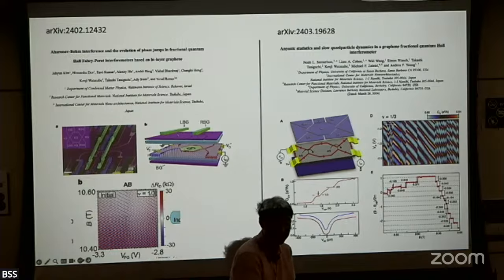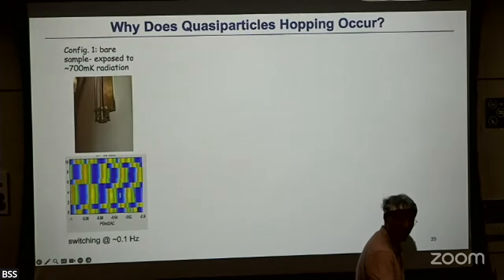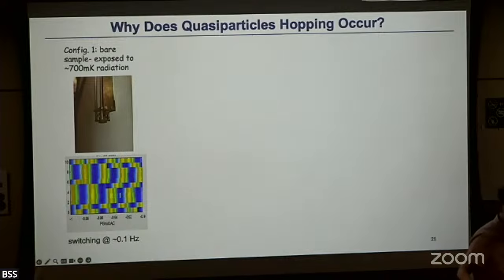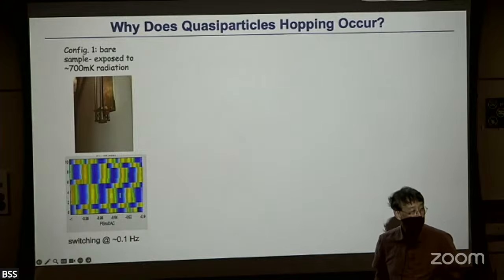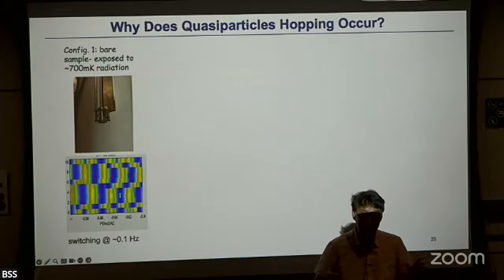Do you know where this time scale of 10 seconds is coming from? Why other groups didn't have this annoying phase slip, but we did, right? It turns out that we borrowed the fridges from Ami Yacoby's group, wet fridges. So they're old fridges, but well filtered. So we thought it was a good thing, so we could try it out, right?